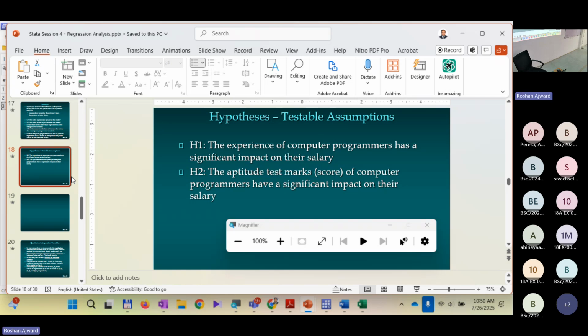So you have two testable assumptions, you have two independent variables.